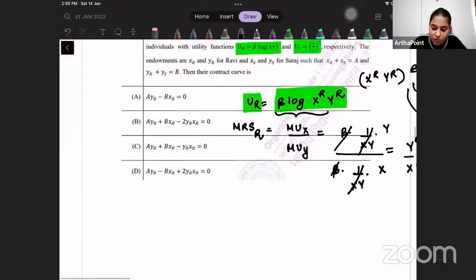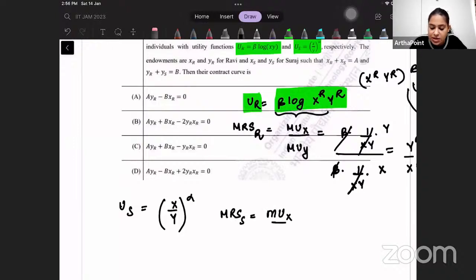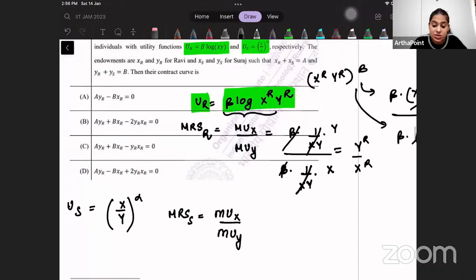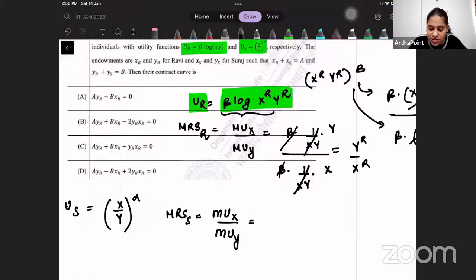Now find MRS for individual S. Again, if you look at this utility function, US, this is X by Y to the power alpha. If you want, you can take log and simplify it, or you can do this directly, up to you. So what is going to be MRS of S? MUX by MUY. When you differentiate this with respect to X, what will you get?